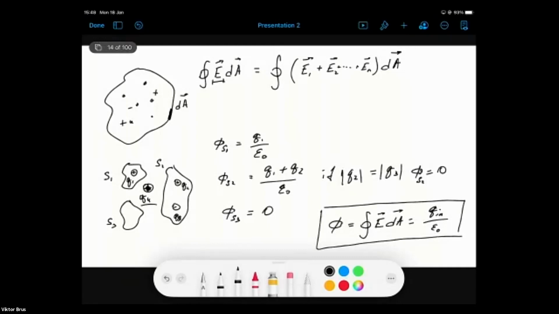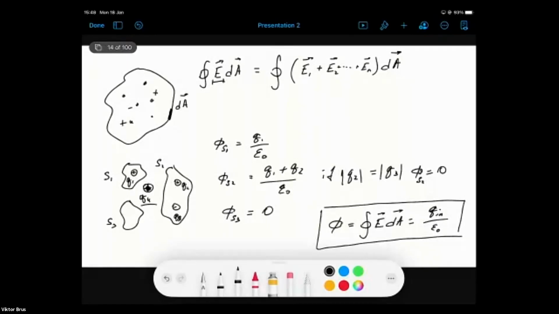So this is the well-known and very useful Gauss law, and it can be used to solve for unknown electric field vector at any point in the space around electric charges, either isolated or a continuum of electric charges.